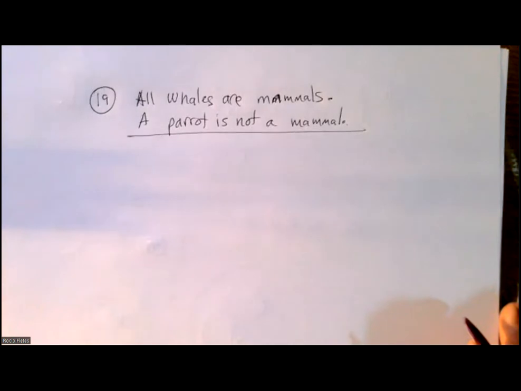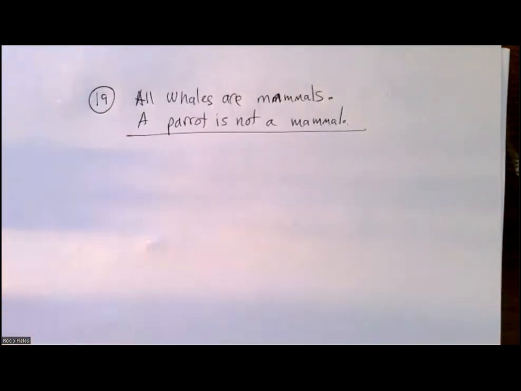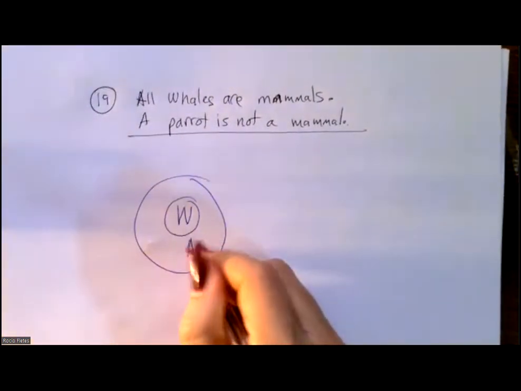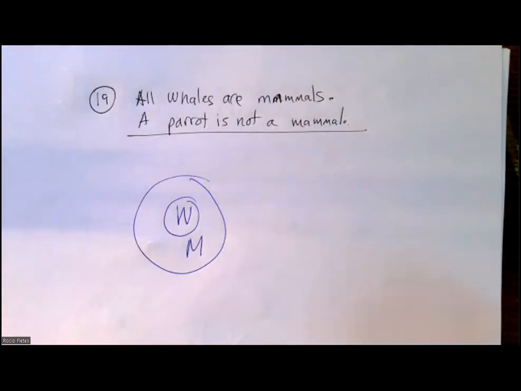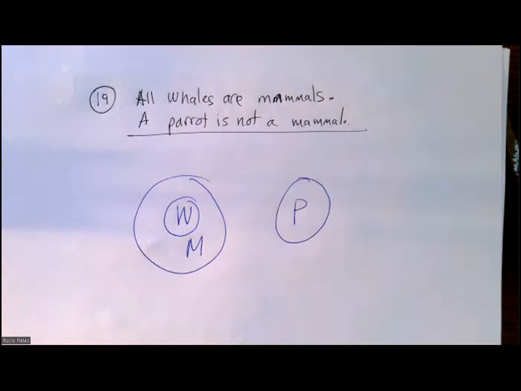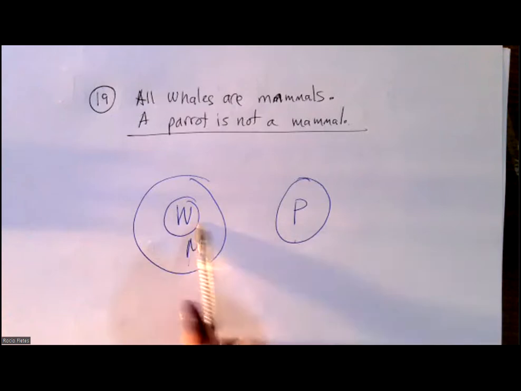All whales are mammals, so I have all the whales inside the mammal set. And then a parrot is not a mammal, so you have all the parrots over here. So therefore, the parrot is not a mammal. We can say a parrot is not a whale also.